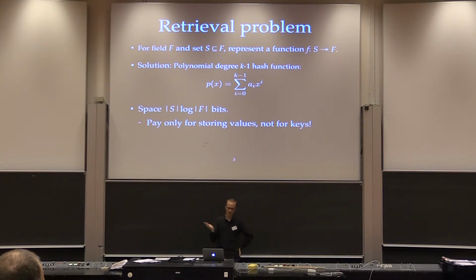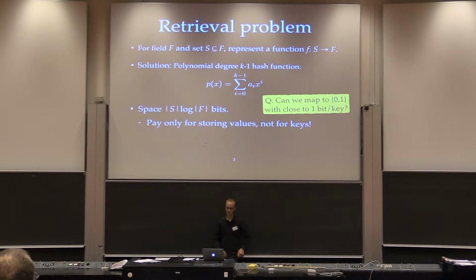Now, this of course requires the values that we store to be in the field from which the key comes. So what if it's something smaller that we want to store? Suppose we want to associate one bit with each key. Maybe we have a set of URLs, and we want to associate a single bit with each of these URLs. Can we do this without storing all the URLs?